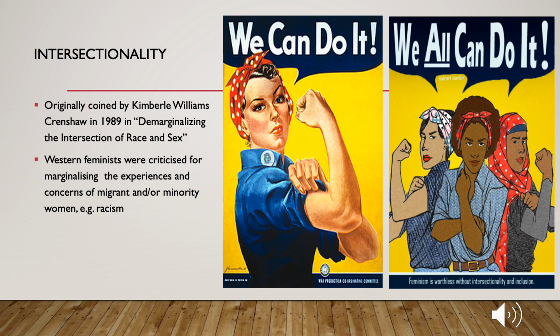Take a look at the two posters. The one on the left focuses only on white women. It assumes a universal category of woman, represented by white women. The enemy here is patriarchy, and feminists in this perspective are concerned with gender inequality and oppression.